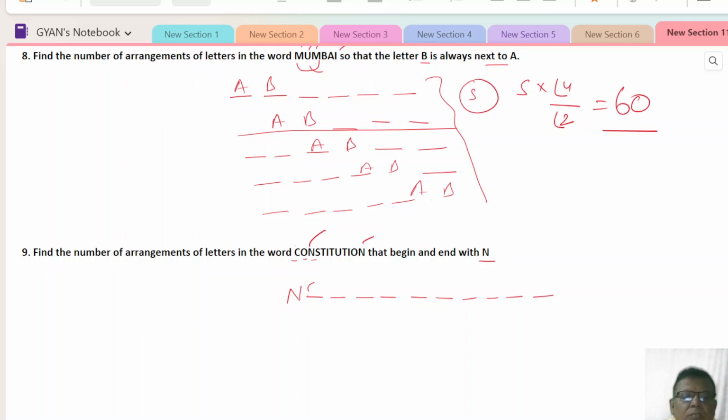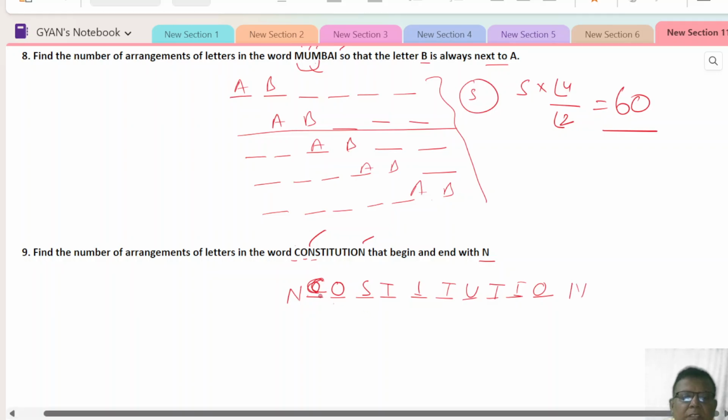Which is there? O is there, C is there, O is there, N gone. S, T, I, T, U, T, I, O. And N is fixed. So these letters are there, 1, 2, 3, 4, 5, 6, 7, 8, 9, 10.